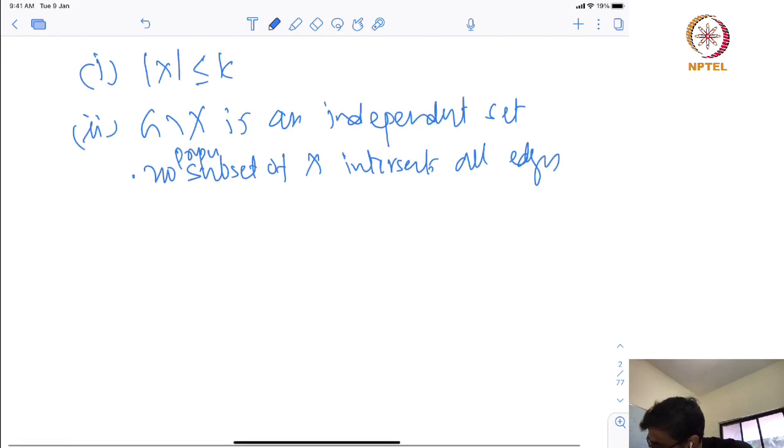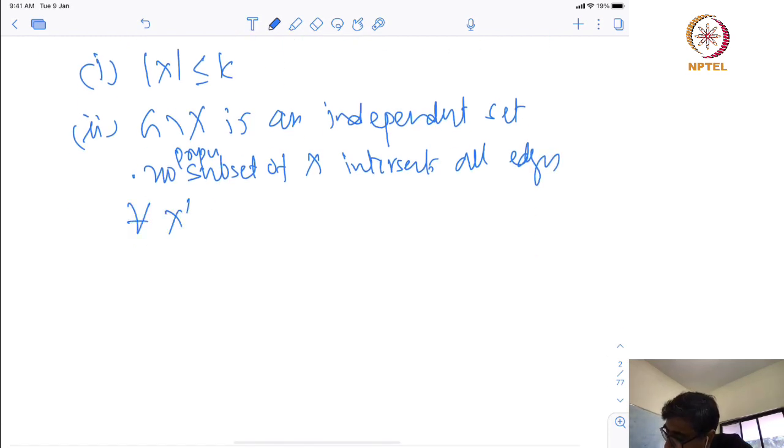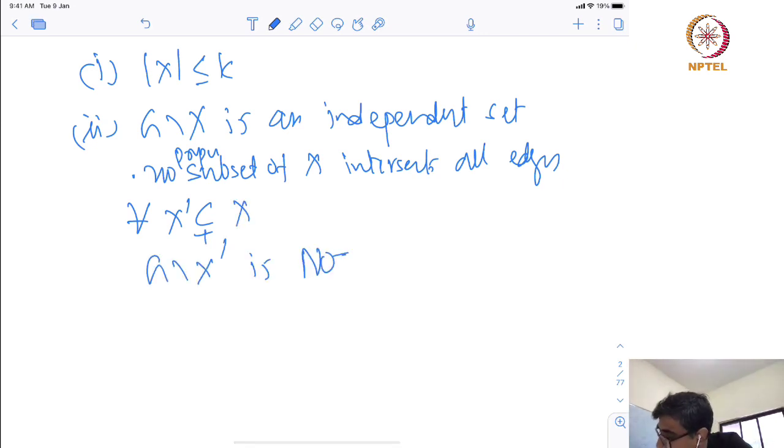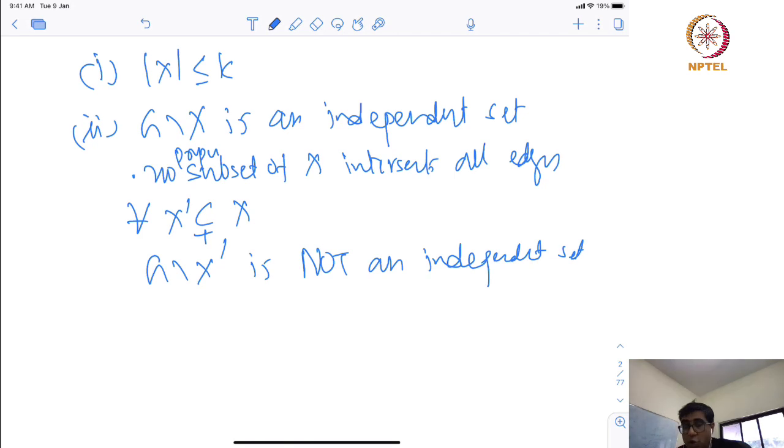Or in other words, for all X prime, a proper subset of X, G minus X prime is not an independent set. This is why it is minimal, meaning no proper subset does the job of our requirement.